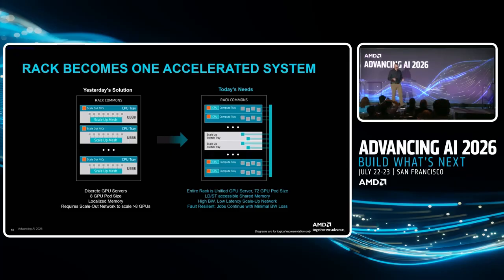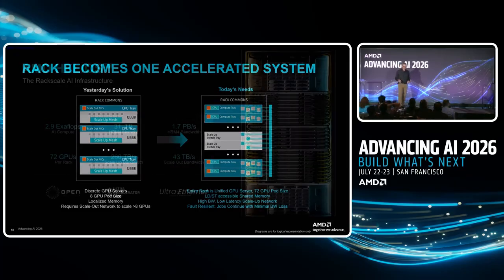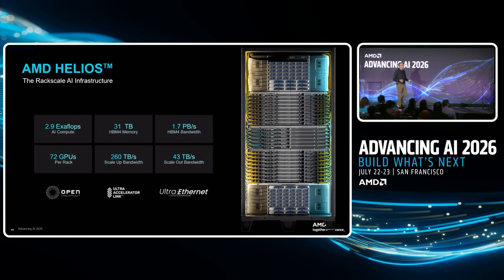AMD's solution, which you saw a lot about this morning, is Helios. And like I mentioned, what I want to talk about is the GPU engine inside of Helios, which is the MI455X GPU.